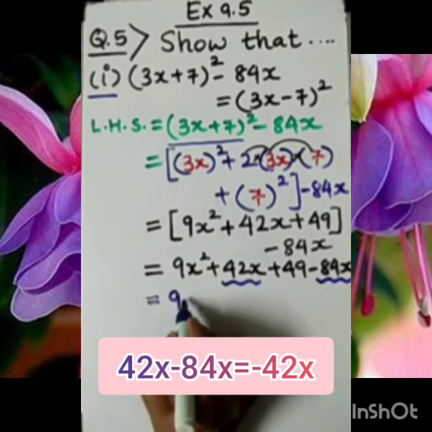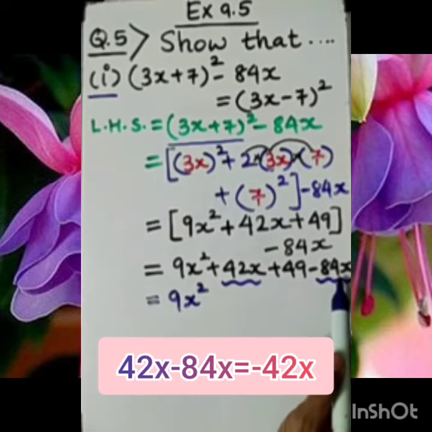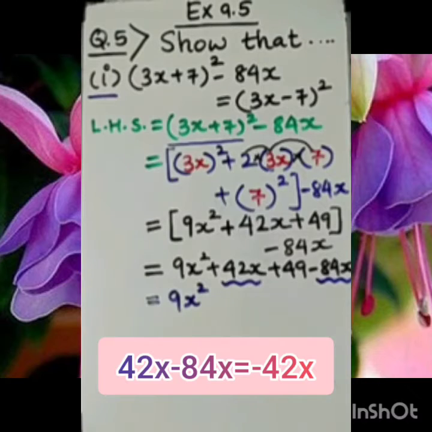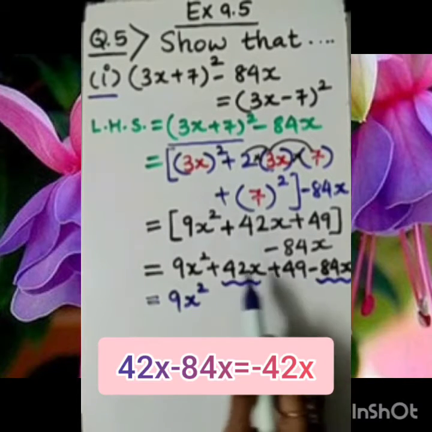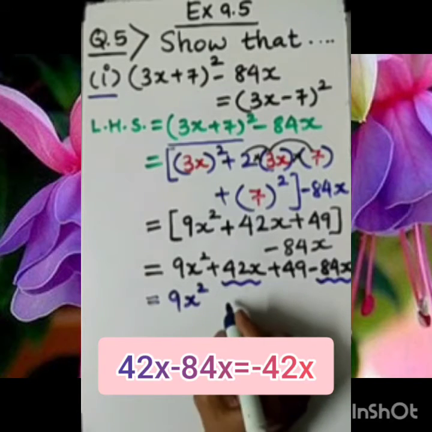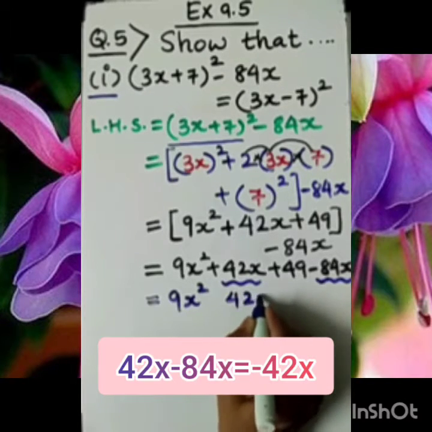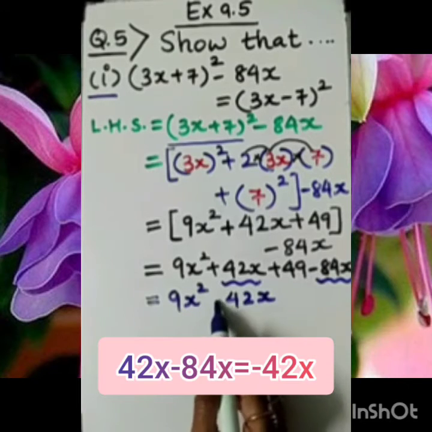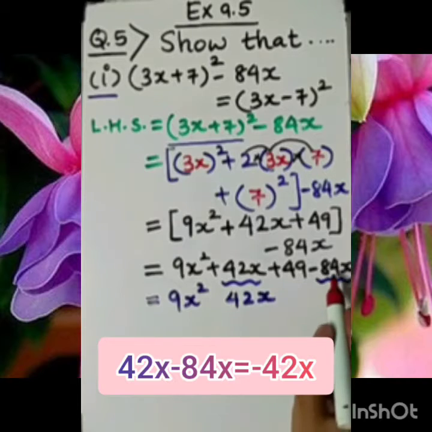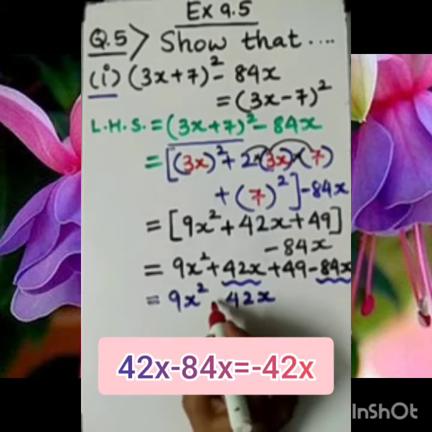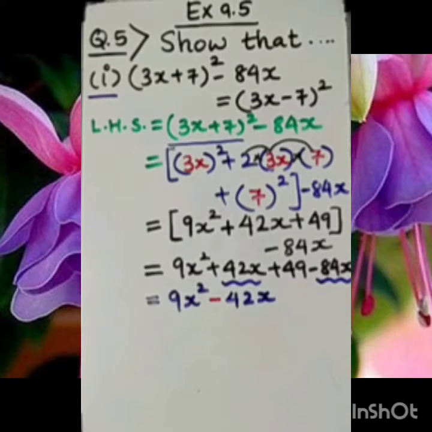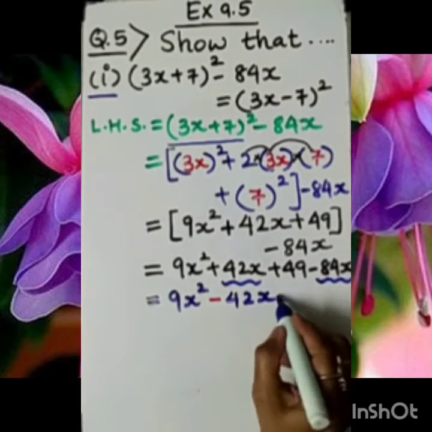Our answer will be 9x square. Here it is plus 42 minus 84, which means we need to subtract, opposite signs. So 84 minus 42 gives the result 42. Fine, 42x. But how can we decide the sign? Which sign should we keep here? Of course, the sign of the bigger number. The bigger number of these two is this one, so its sign is negative. So I am writing minus here. And of course, one more term is left, that is plus 49.